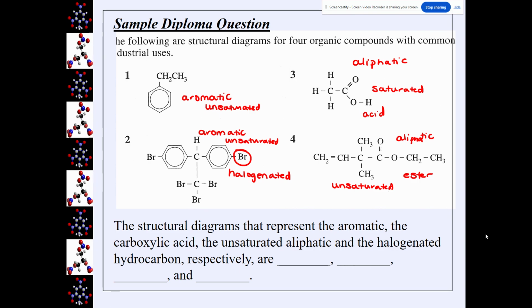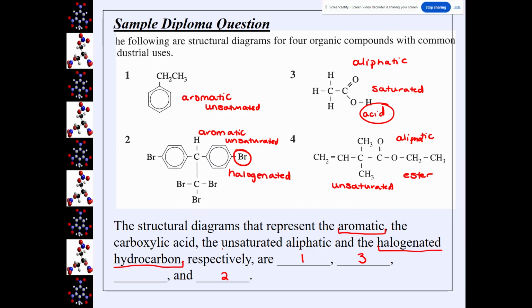Now if it said you could only use every number once, because one of them is the halogenated hydrocarbon, the halogenated hydrocarbon has to be number 2. That's the only one that's halogenated, so that would be our last number. So that means the aromatic that we're going to put for our first number, if we can only use every number once, would be 1. Okay? The carboxylic acid, we identified the acid, that was number 3.